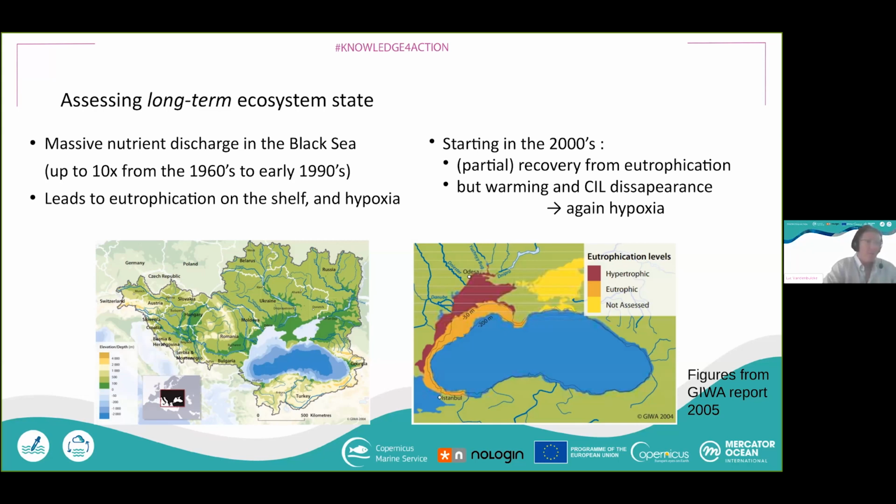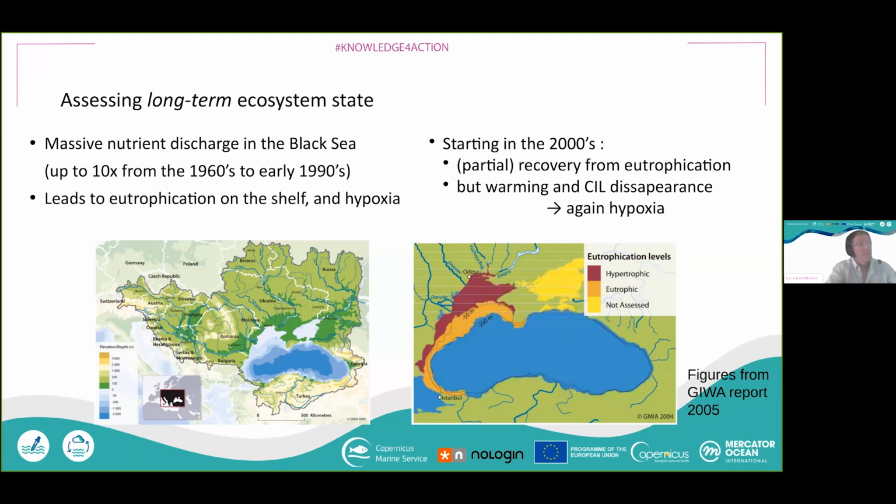After the end of these decades and starting from the years 2000, there was a partial recovery from eutrophication, because in the European drainage area, the Danube River mostly, some laws were implemented by the different governments of the different countries to try and limit the nutrients in agriculture.